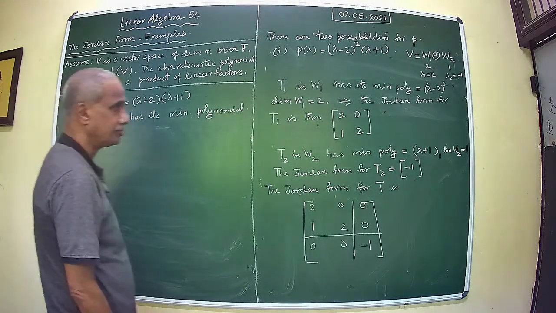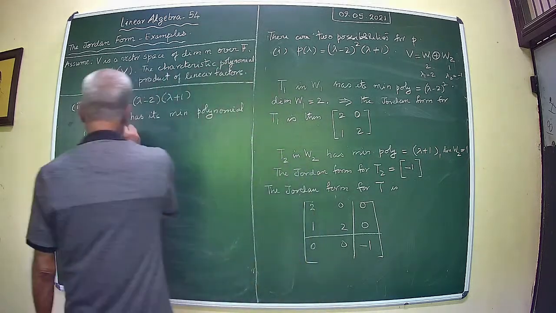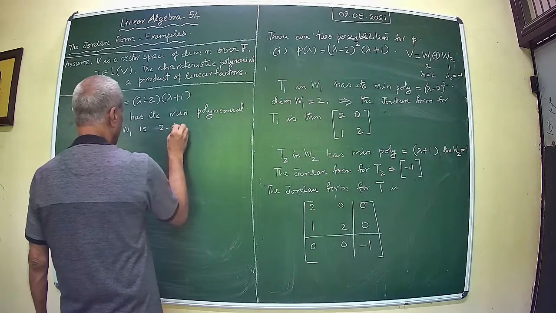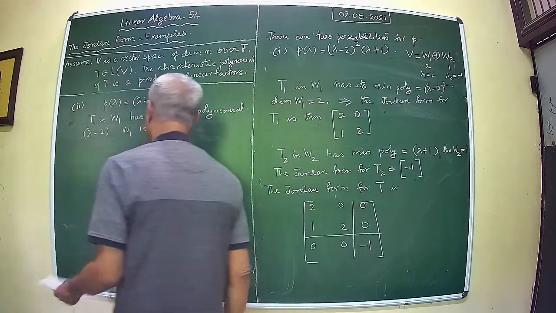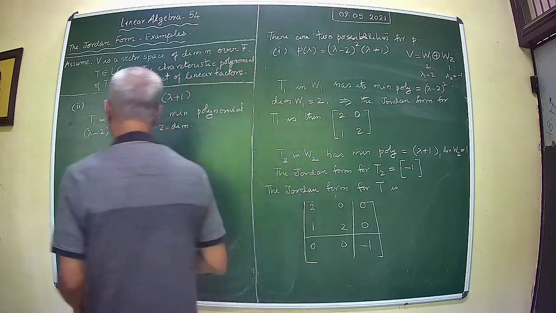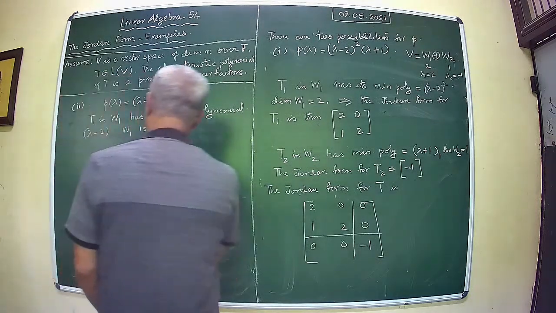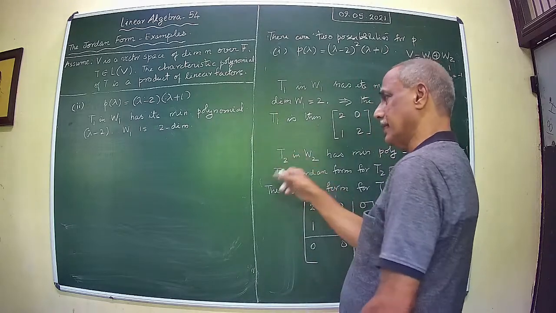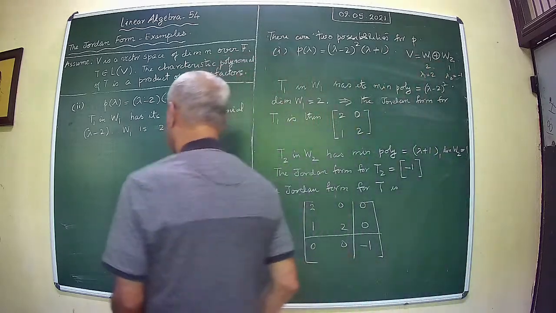Minus 2. And W1 is 2-dimensional. Therefore, it breaks up into a 1 by 1 matrix plus another 1 by 1 matrix.